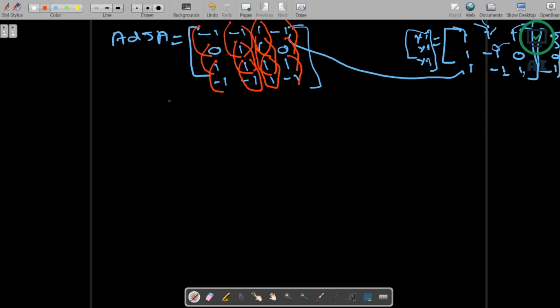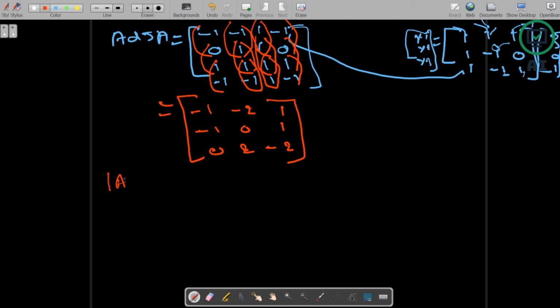So this will give you a 3 cross 3 matrix. So here, if you take the determinant, the first place it will come minus 1, you can solve it, 1 minus 1 0 1 0 2 minus 2, and the determinant of A we have to find out.